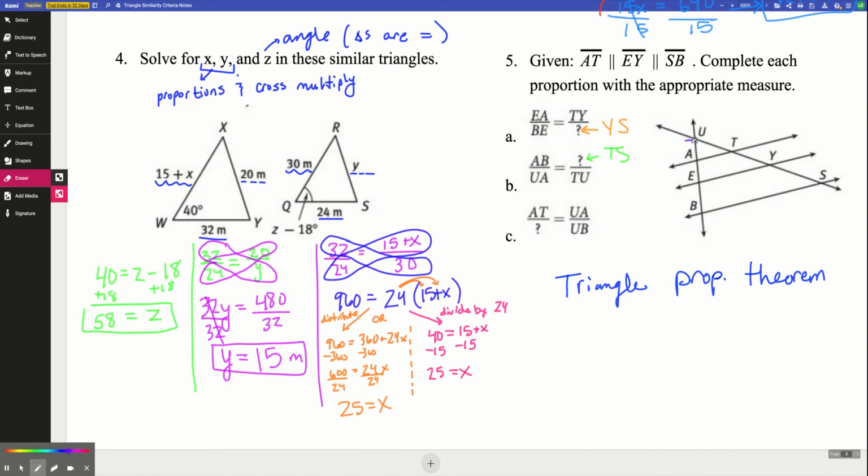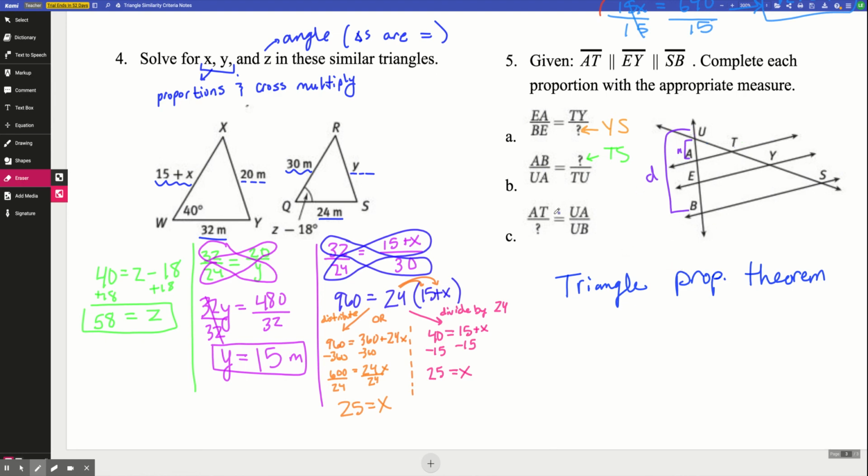Okay, so UA is the numerator. It's the left side in the smallest triangle, and then over UB, that was the denominator. So it's the largest side, or it's that left side in the largest triangle. Right, so I have left side in the smallest triangle and left side in the largest triangle.